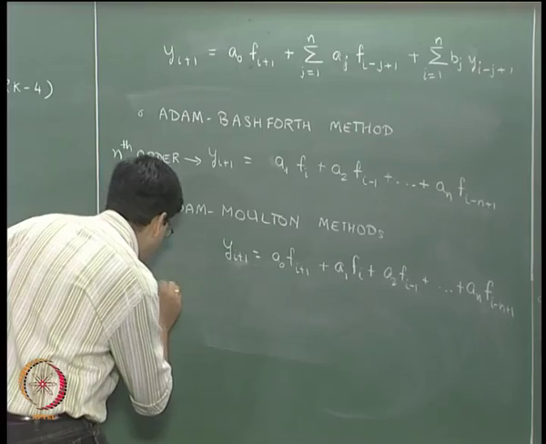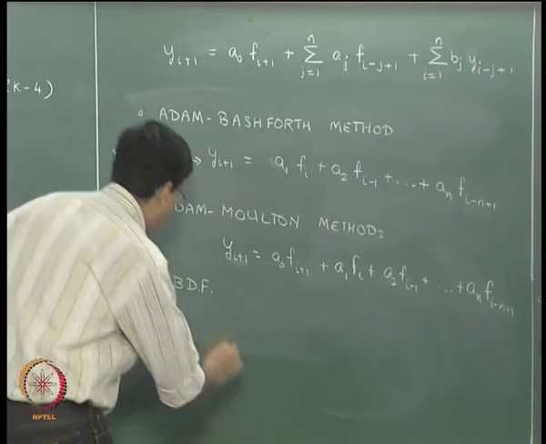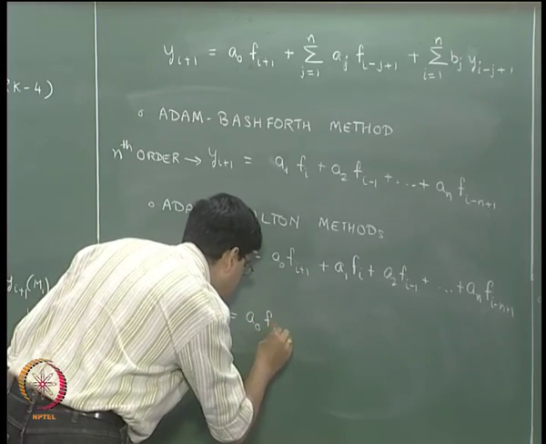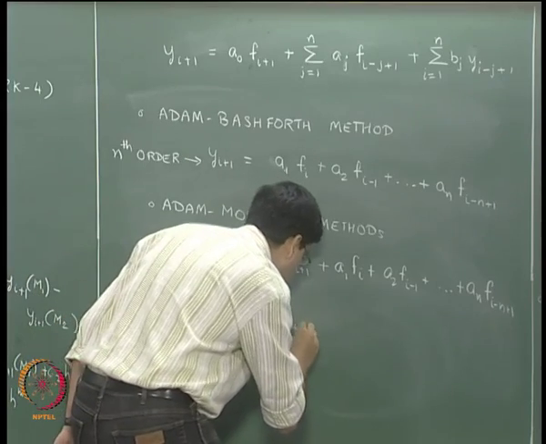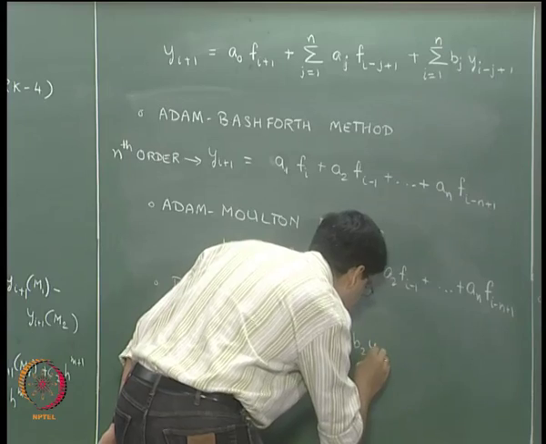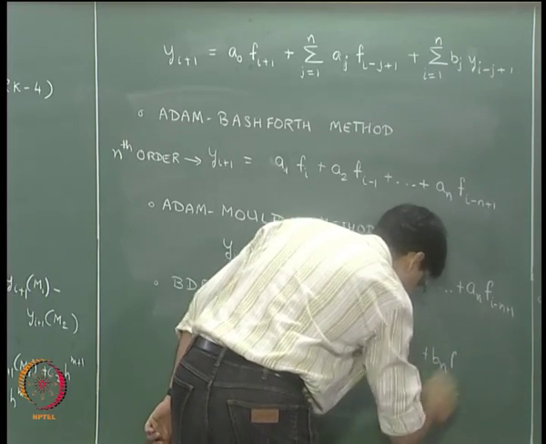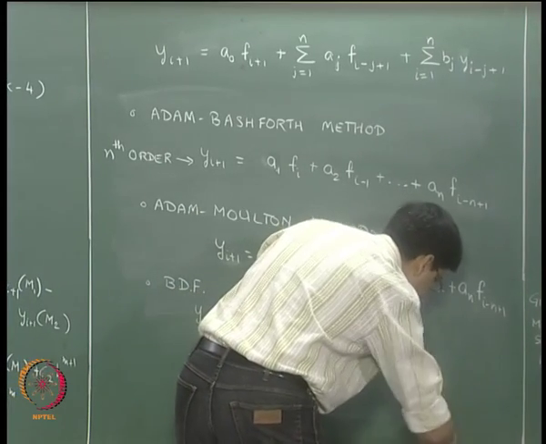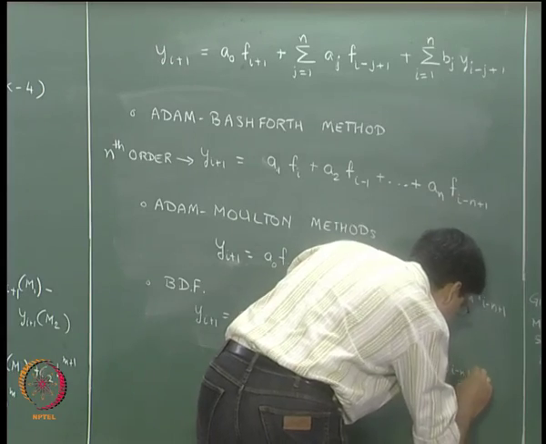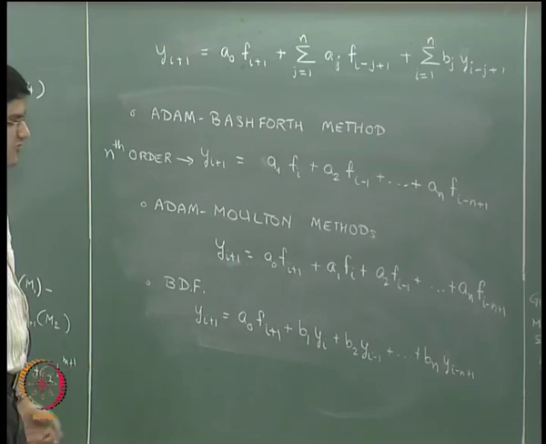So, the backward difference formula is going to be yi plus 1 equal to a0 fi plus 1 plus b1 yi plus b2 yi minus 1 and so on up to bn yi minus n plus 1. And so, we will have an nth order backward difference formula.